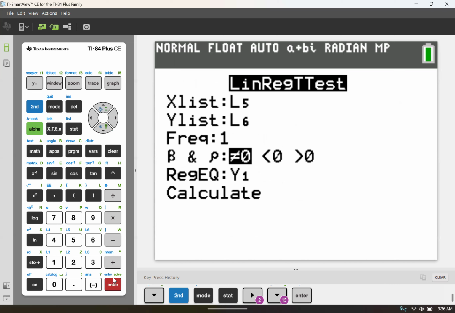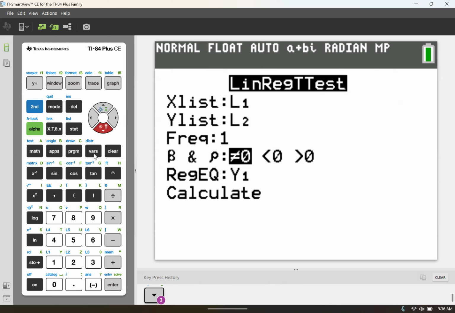I need to tell my calculator what list I'm running this test on. I put my data in L1 and L2. My X data is in L1, so I'm going to press 2nd 1. And I put my Y data in L2, so 2nd 2. And as a reminder, if you don't have your regression equation stored, how do you do that?